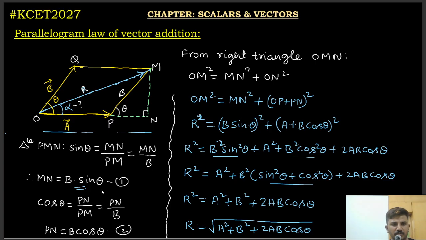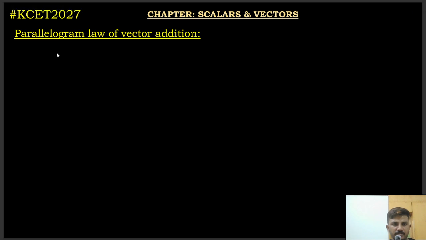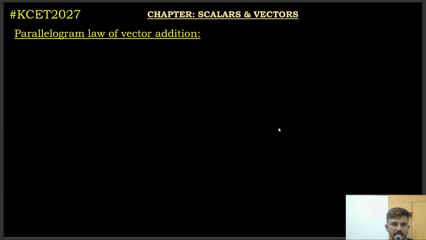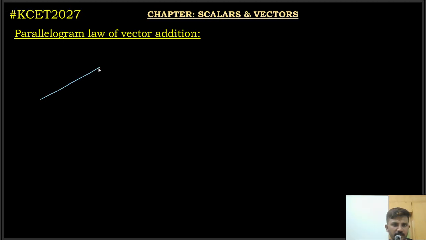Simple. You can take equation 1 and equation 2 separately. Let me take equation 1, that is MN and PN, right? Here I have alpha value. Let me take the angle here, OMN, as it is. I'll take the same case here. Right angle triangle.